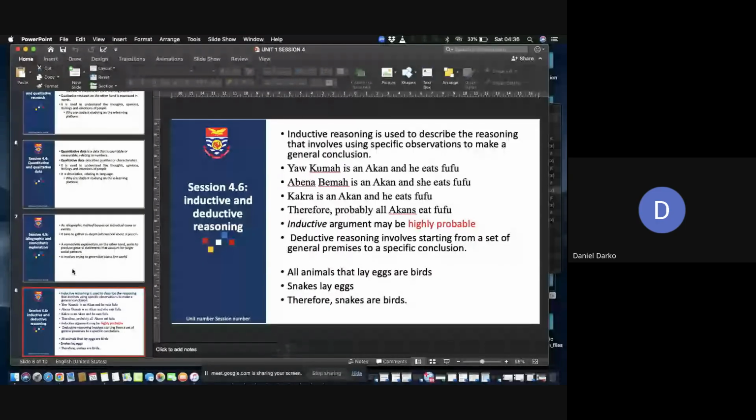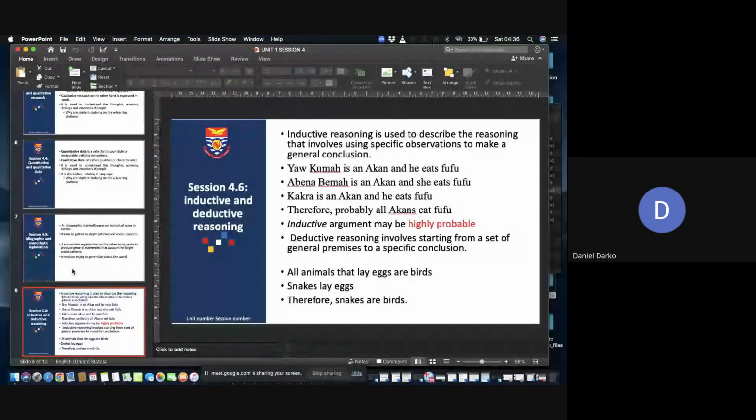The use of the word probably is important, because the fact that these three people are all Akans and eating fufu doesn't mean that all Akans eat fufu. But you're saying the probability that all Akans eat fufu is high, because of the few specific cases we have encountered, they are all Akans and they are eating fufu. That is why we use probably.